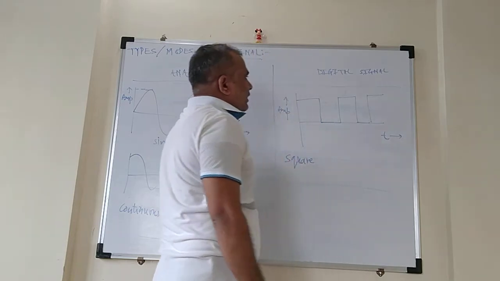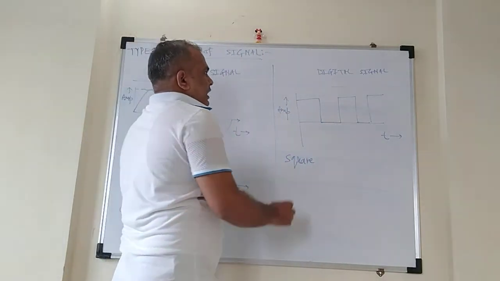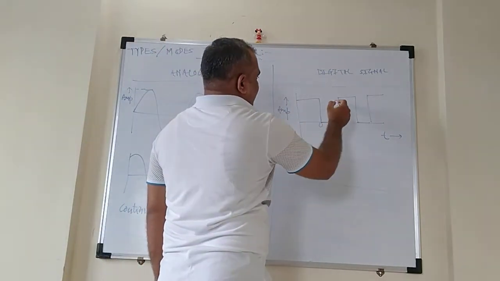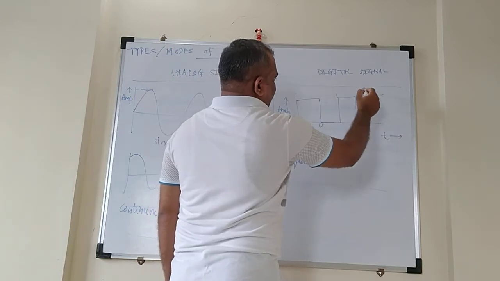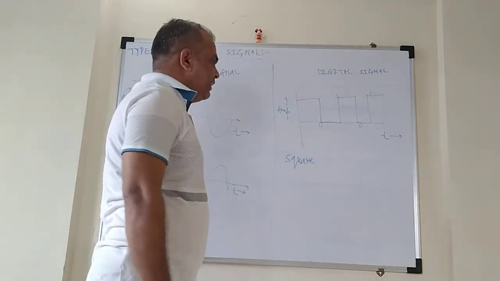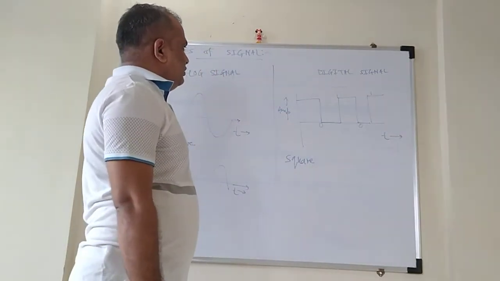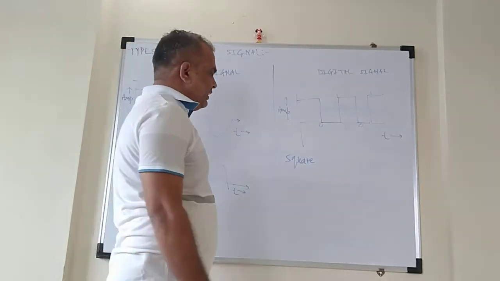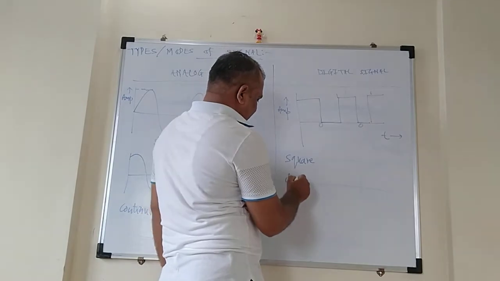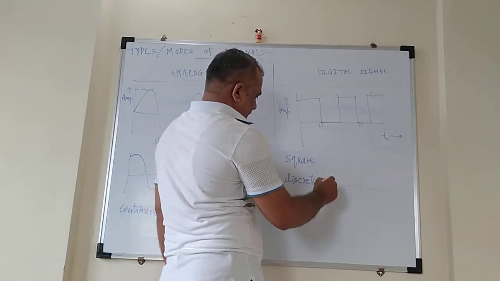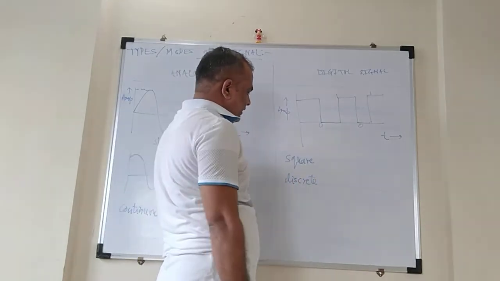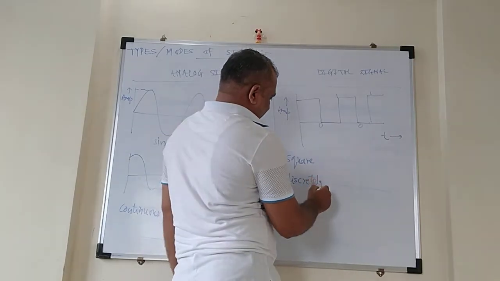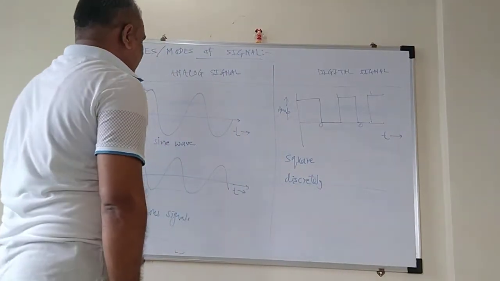And the signal is in terms of zeros and ones, in terms of binary numbers. Fine. So digital signals are not continuous signals, rather these are discrete signals, or those that vary discretely are called digital signals.